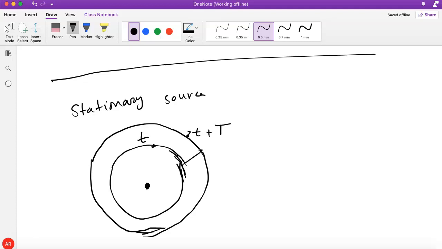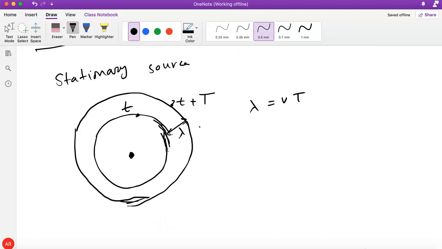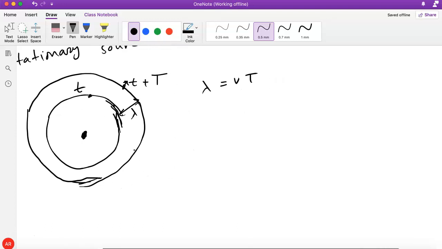If the distance between them is lambda, we know lambda is VT. So two consecutive wavefronts separated by one wavelength have propagation times that differ by the period, capital T.